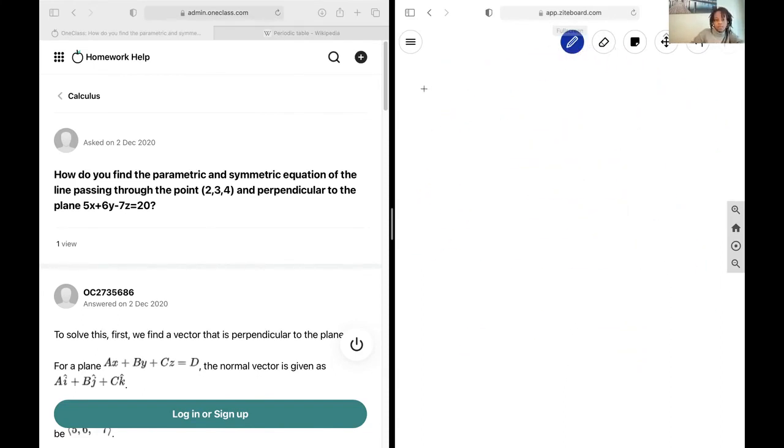So there are many ways that we can get the equation of a line. The first option is you could have a point and a normal vector. You could have two linearly independent vectors.